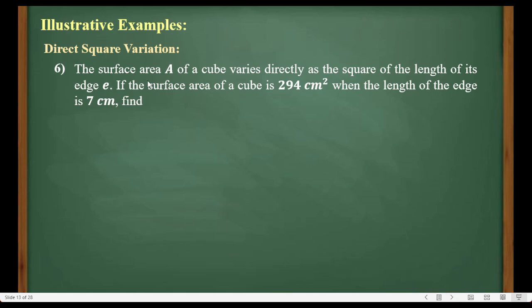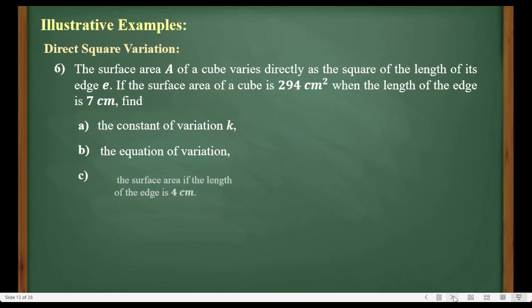Number 6, the surface area of a cube varies directly as the square of the length of its edge e. If the surface area of a cube is 294 centimeters squared, when the length of the edge is 7 centimeters, find the following: the constant of variation k, the equation of variation, together with the final surface area if the final length of the edge is 4 centimeters.